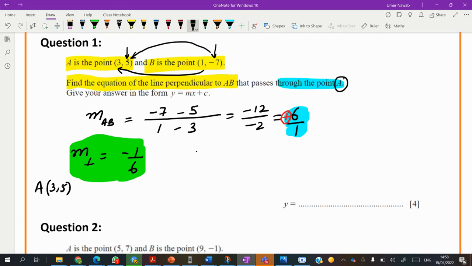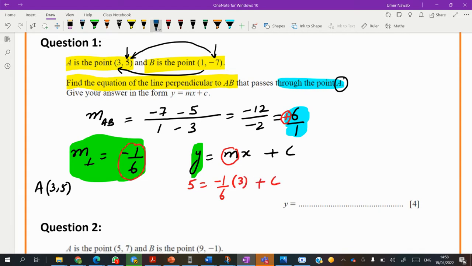So y equals mx plus c, right? In the place of y, I write the y coordinate, which is 5. In the place of m, this m is the gradient of the perpendicular line, so we write minus 1 over 6. And in the place of x, I put 3, plus c.